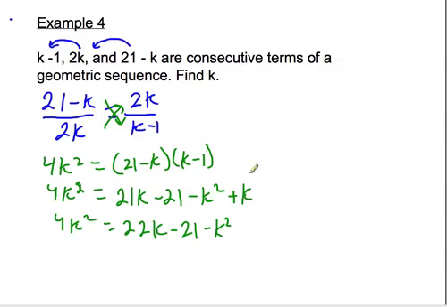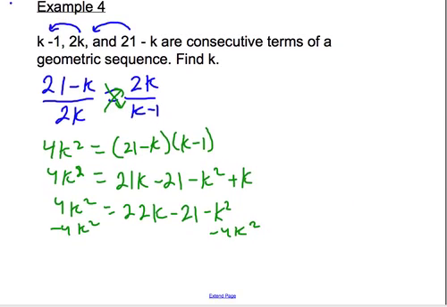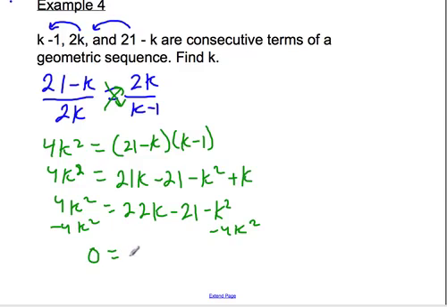Okay, one thing I could do is subtract 4k squared from both sides, and I will get 0 equals, let's write the k squared first, negative 5k squared plus 22k minus 21. So we have a quadratic equation.